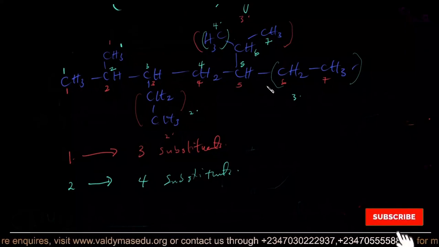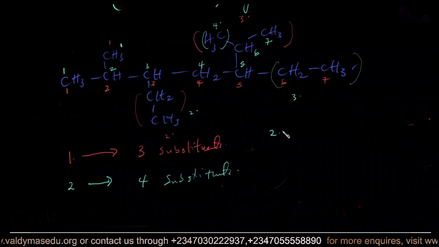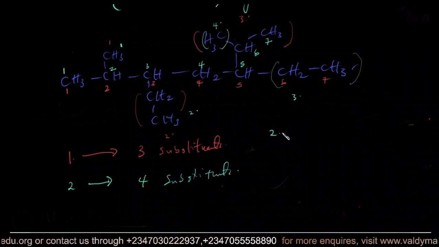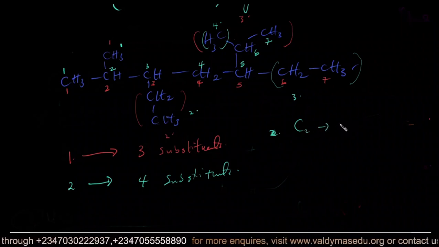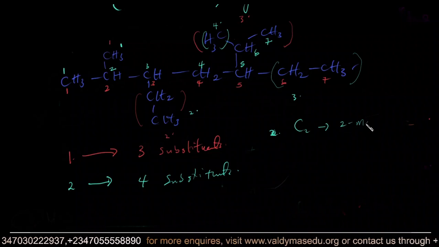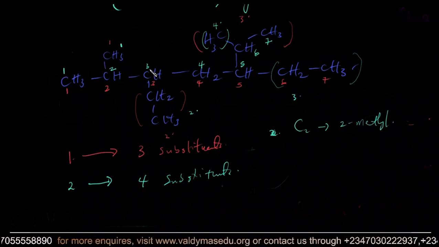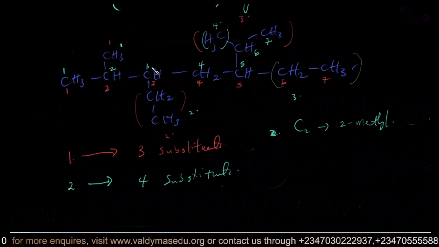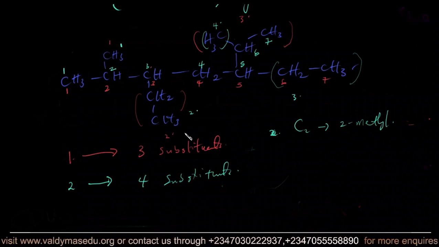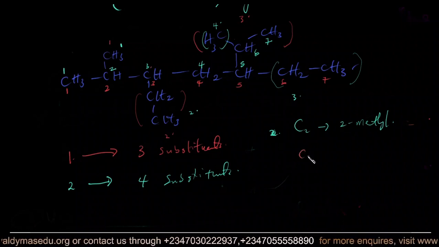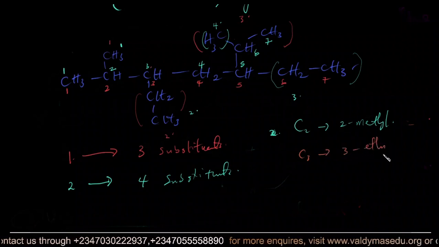On carbon number 2, we have methyl, that is 2-methyl. Then on carbon number 3, we have ethyl, so that is 3-ethyl.